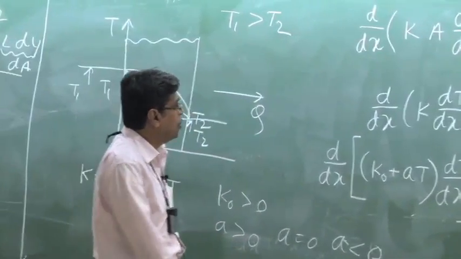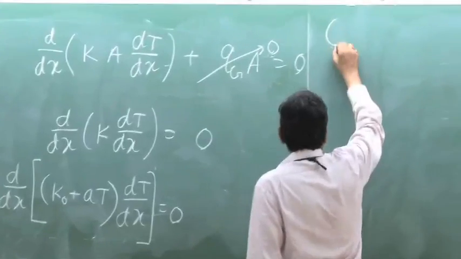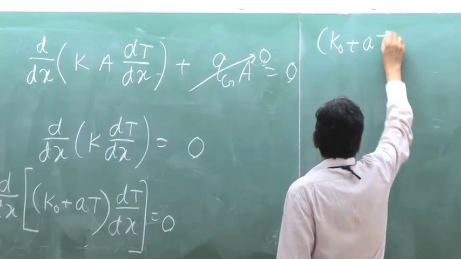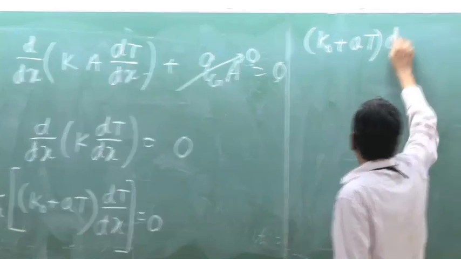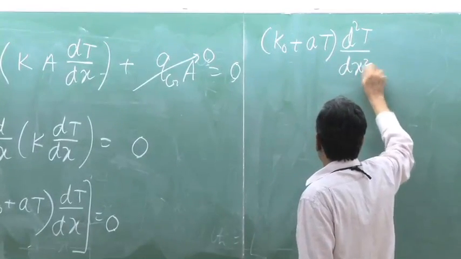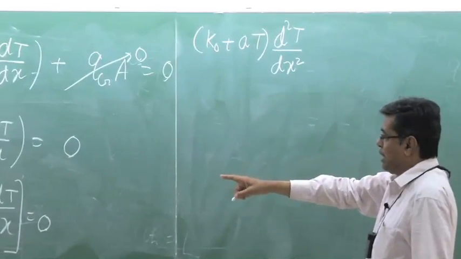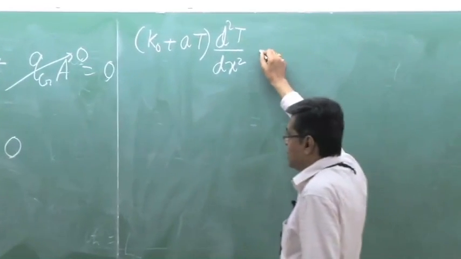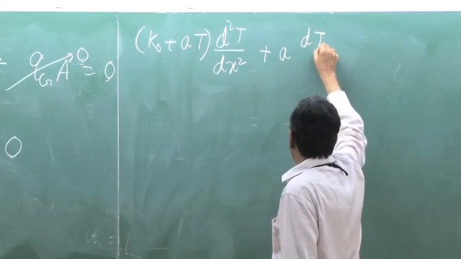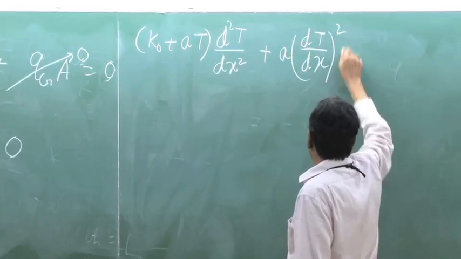Now if you solve it, we get (K0 plus AT) into d squared T/dx squared, then the differentiation of (K0 plus AT) is A dT/dx, that means plus A (dT/dx) whole squared is 0.